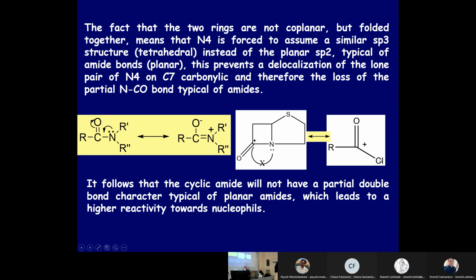Activated means that you put a chlorine on the carboxylic acid structure. Also in this case, you have a carbon between two more electronegative elements, a halogen and an oxygen. This means that you have a very reactive electrophilic carbon atom.